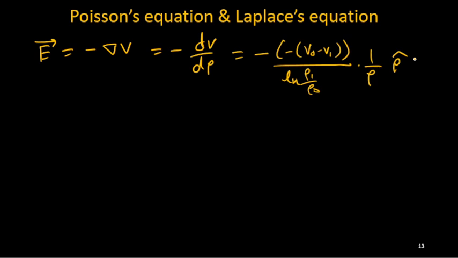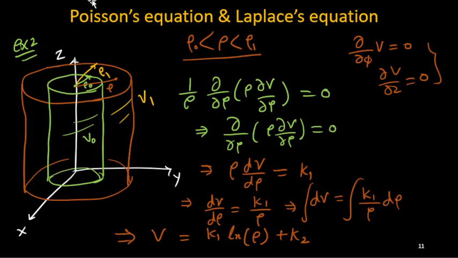Now for these concentric cylinders, if the inner cylinder has a charge Q and the outer one has minus Q, then we can use Gauss law to find the electric field within these two cylinders.